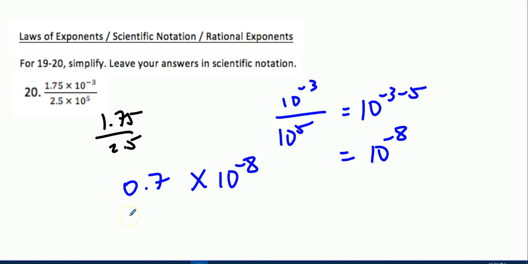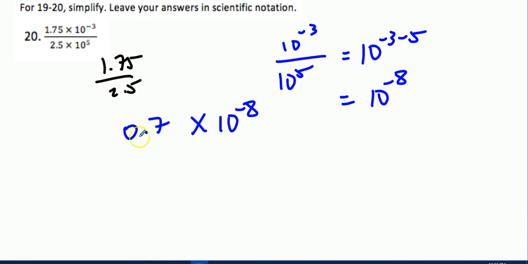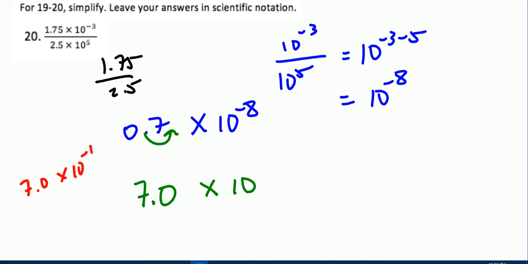Now, this looks good and all, but this number is not usually supposed to be a 0. It's supposed to be a number bigger than 0. So let's move this decimal place 1. And it's going to be 7.0 times 10. Let's do some side work here. 7.0 times 10 to the negative 1 is equal to 0.7.